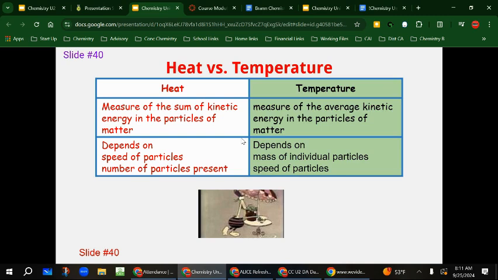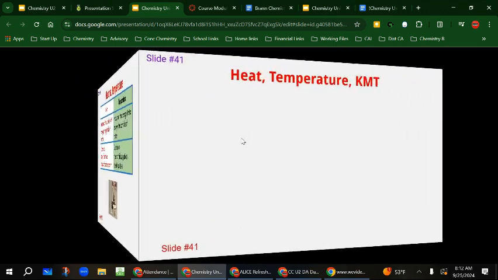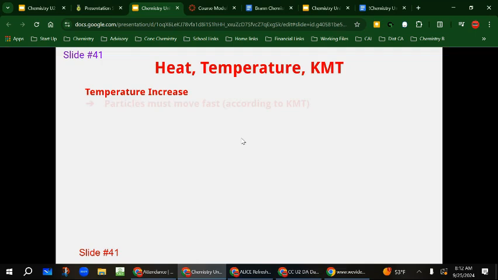Is it possible that some are moving slower? But all we do is take an average, ladies and gentlemen. The faster ones cancel off some of the slower ones. Most particles are moving at around the same speed, but it is possible to have some that are faster and some that are slower. Absolutely. Okay? Heat, temperature, and KMT.